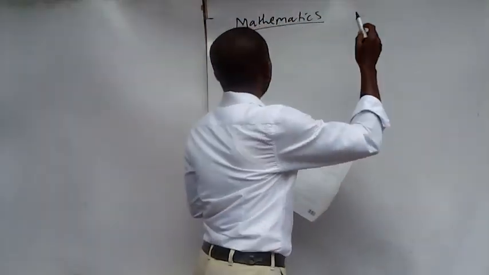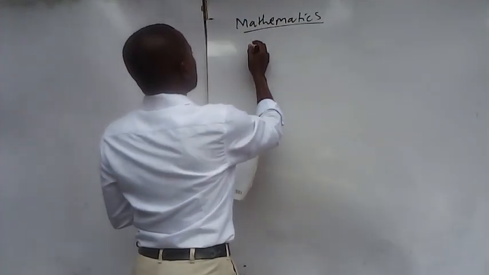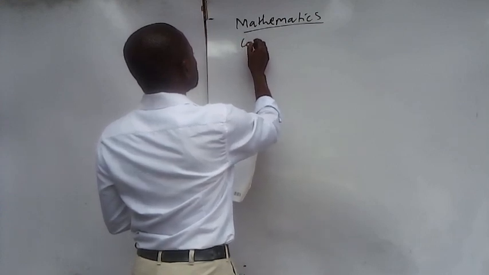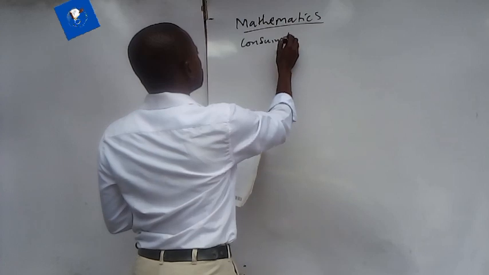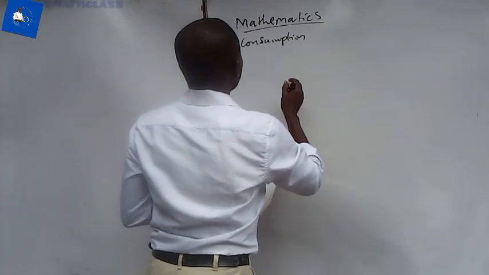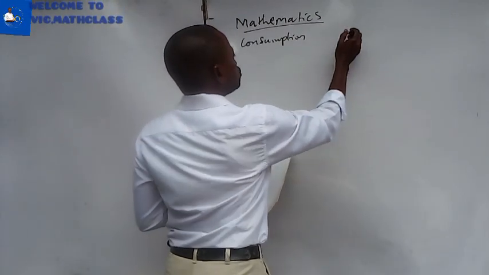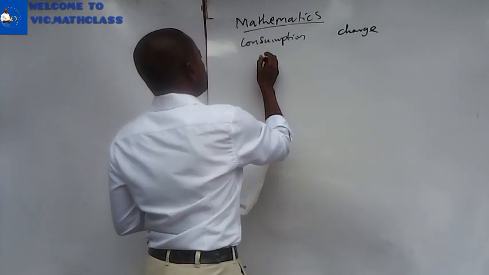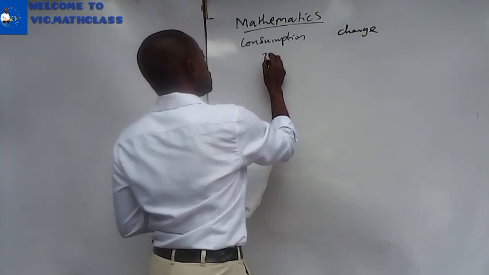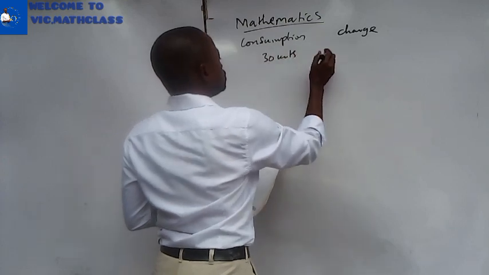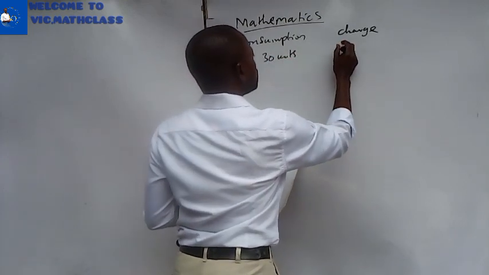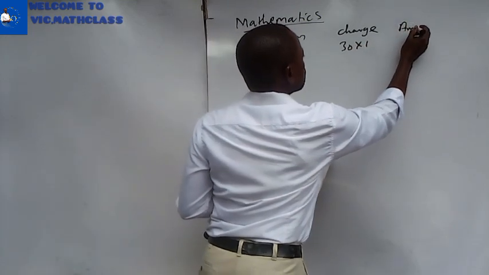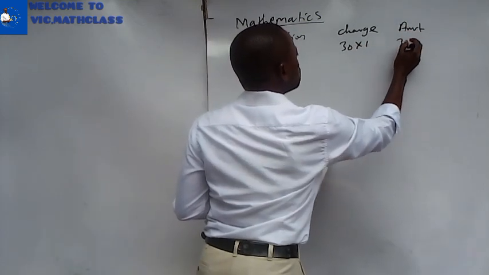So that is to say, let's assume consumption and charge. If I have the first 30 units, the charge is going to be 30 times 1, and the amount will be $30.